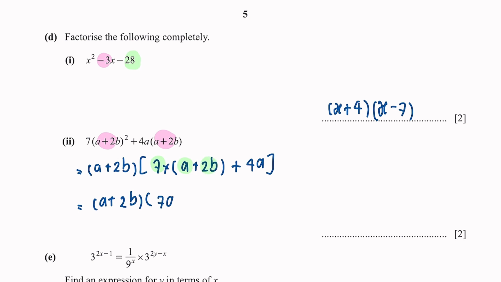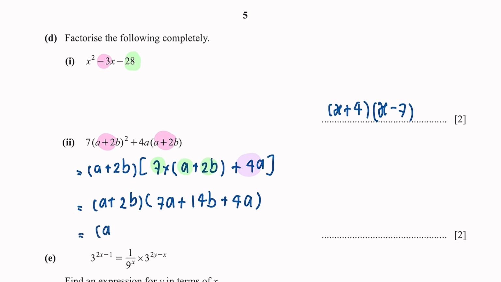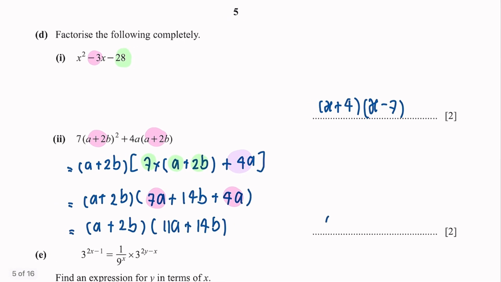You will get 7a plus 14b, and then plus 4a. And then add 7a and 4a together. You will get 11a plus 14b. And this is your answer.